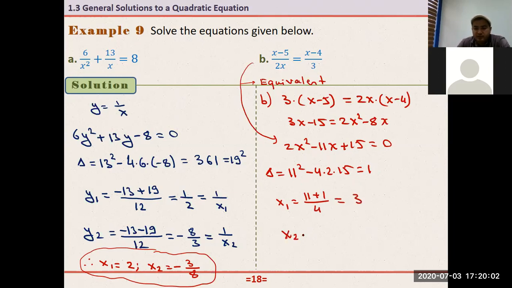And the second root of the given equation is 11 minus 1 over 4, that is 10 over 4, which reduced to its lowest terms is 5 over 2. The solutions of the given equation are 5 over 2 and 3. So it has two solutions.